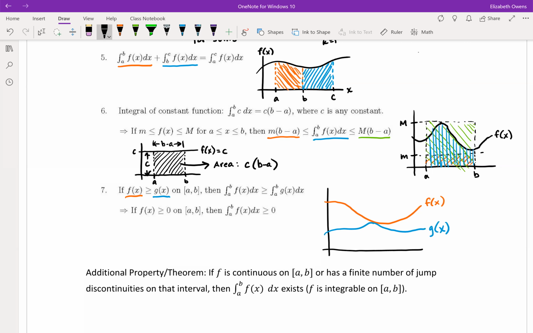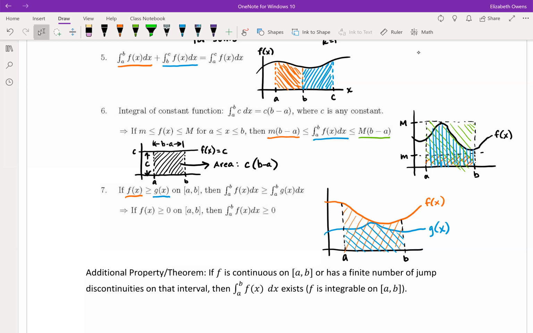Okay, so then this says that the integral from a to b of f of x dx, that would be this orange area that I'm shading in, is greater than or equal to the integral from a to b of g of x dx, which is going to be the area between g of x and the x-axis, which I'll shade in blue here.